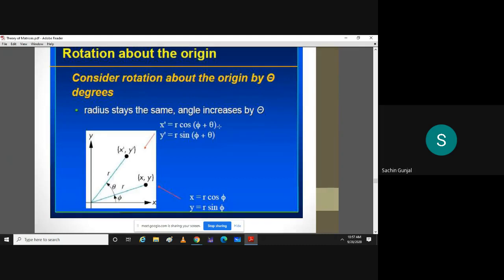So expand this cos of phi plus theta. What will happen? Tell me, cos of A plus B. If you have a notebook with you, please write it down.